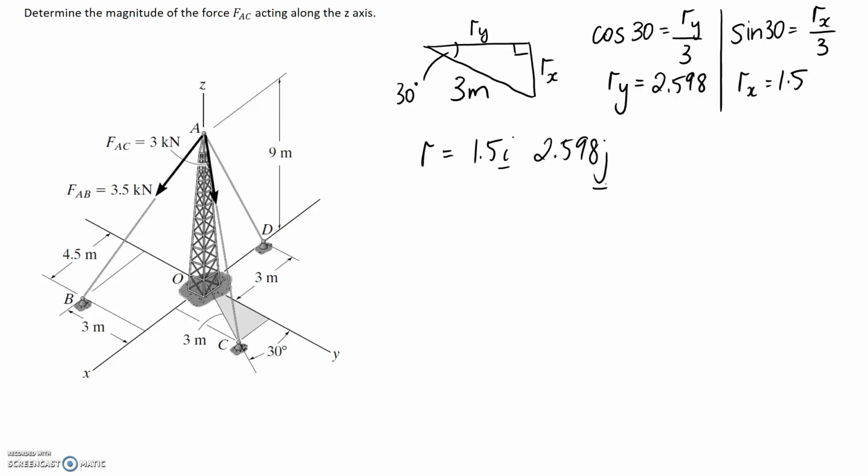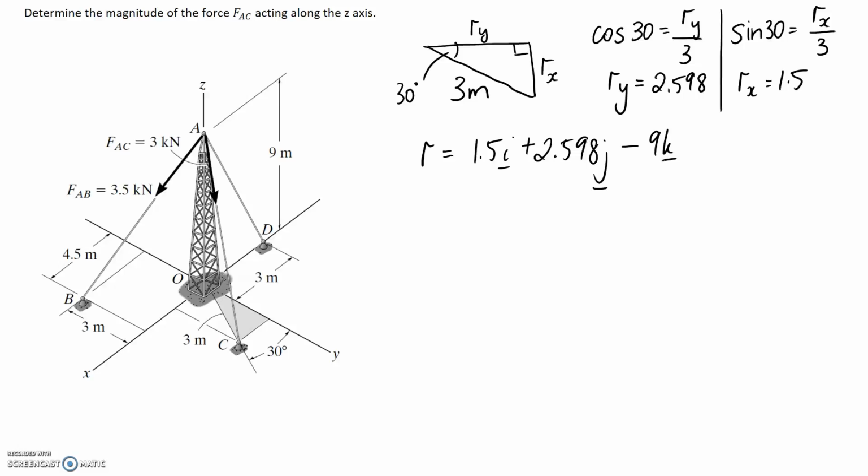It gets a j for being in the y direction. Again, we need to think about the direction. This is pointing in the positive y direction, so it gets a plus. And finally, the z direction, this one was really easy. They've given it to us directly. We know it's got to point down 9 meters. So it's going to be downwards, so it gets a negative, and it gets a k for being along the z-axis.